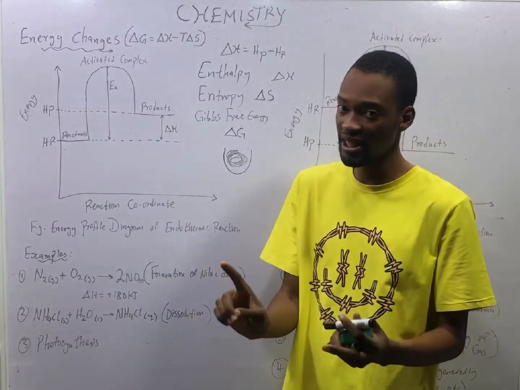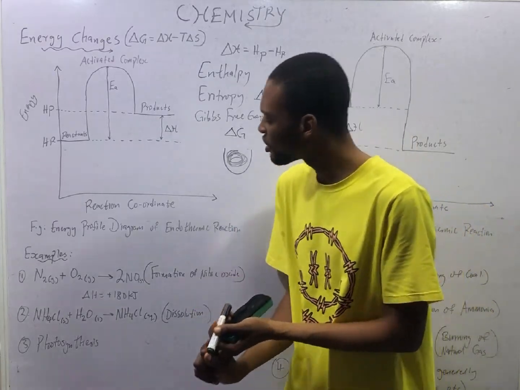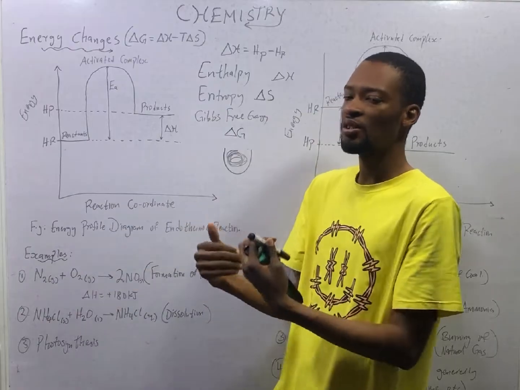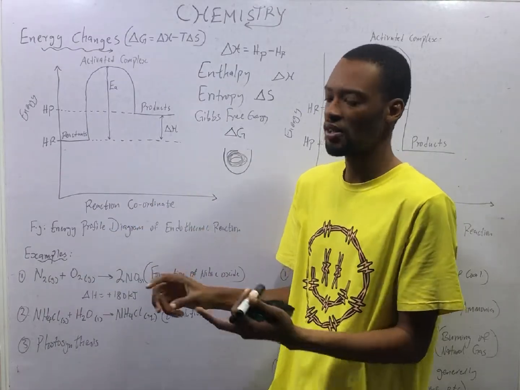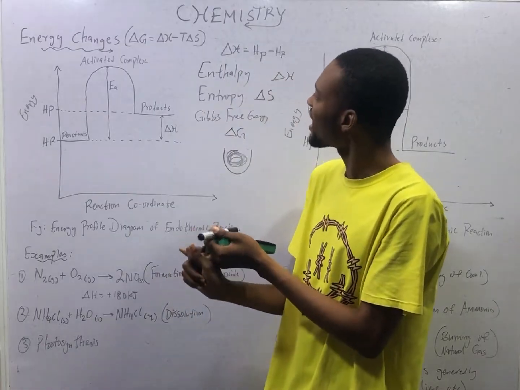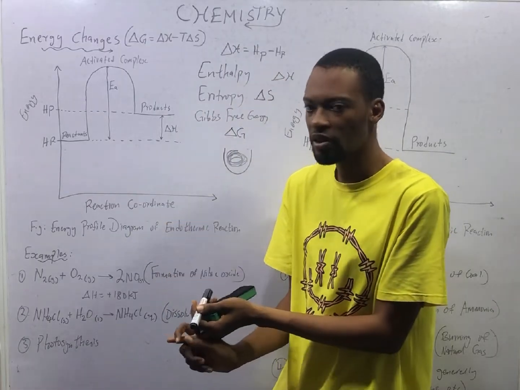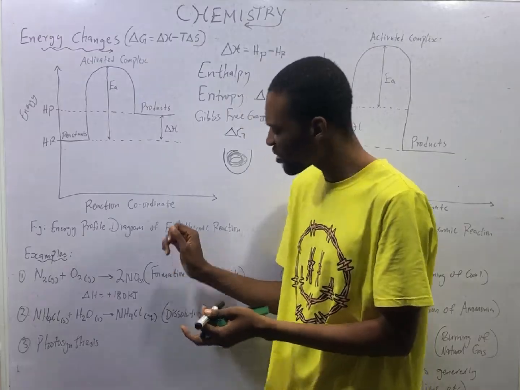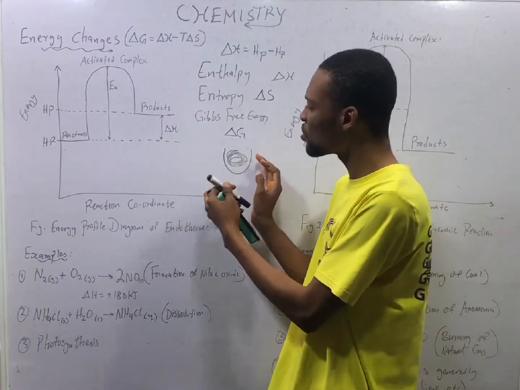I've said about 3 things now. One, for endothermic reactions, they need heat to proceed. They take heat from the environment. Two, for endothermic reactions, the delta H is positive. Three, for endothermic reactions, the reactive vessel gets cooler.